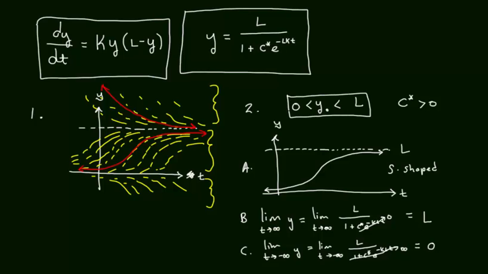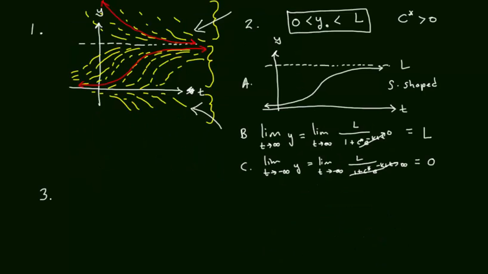If y0 is bigger than L, then we have this graph over here, and y0 less than 0, we have the graph over here. In number 3, it wants to know what is the value of y when y is growing the fastest. So I want to optimize y. I want to find the local max for some y. So I'm going to take the derivative with respect to y of our dy/dt.